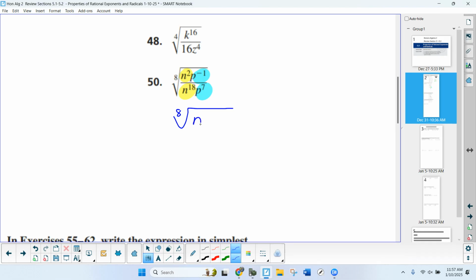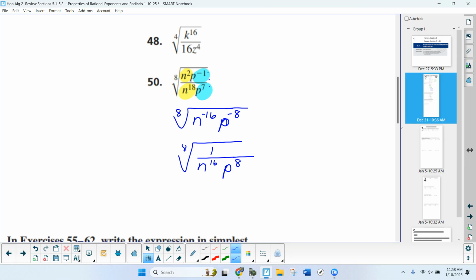What's 2 minus 18? Negative 16. And now be careful. What's negative 1 minus 7? Negative 8. Now, I don't like negative powers, so where are those negative powers going to go? To the bottom. So I get the 8th root of, and then these drop to the bottom. I put an n to p to the 8, and those become positive.